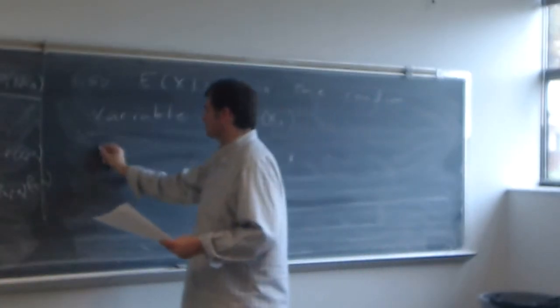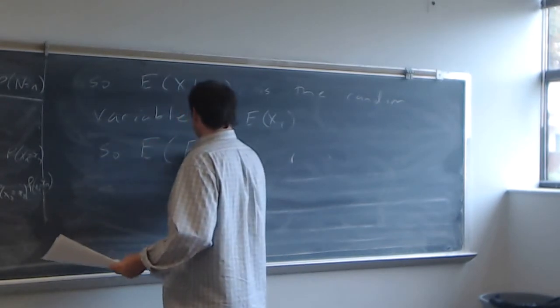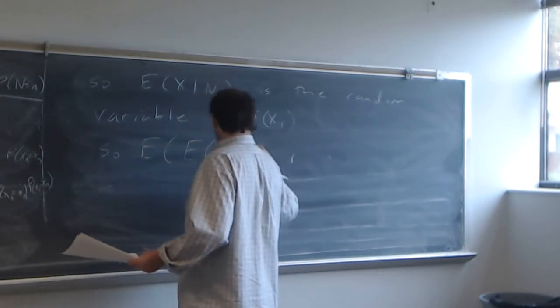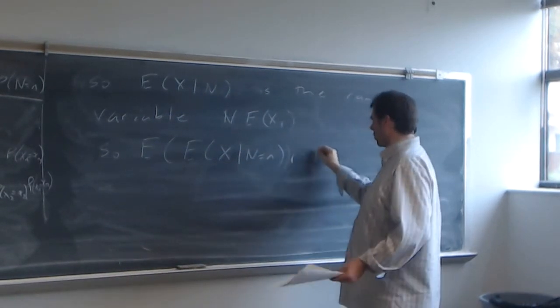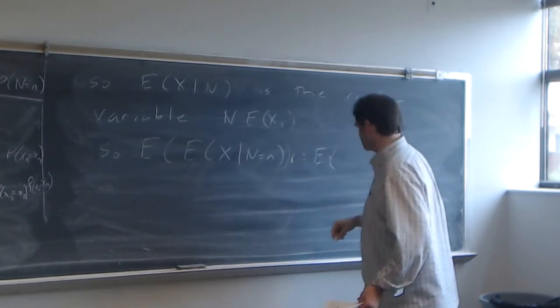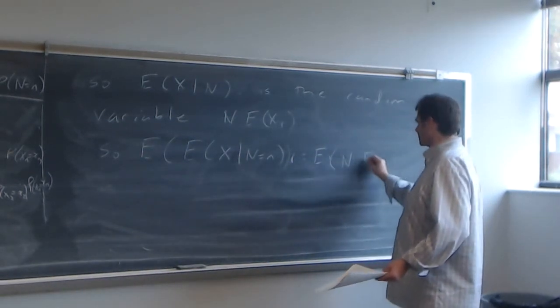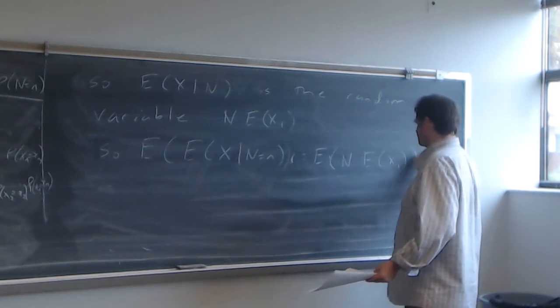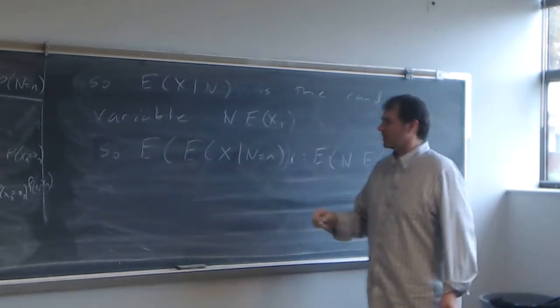So the conditional expected value of X given N equals little n is nothing more than the expected value of this guy, which is n times the expected value of X1. The expected value of X1 is a constant. We pull that out.